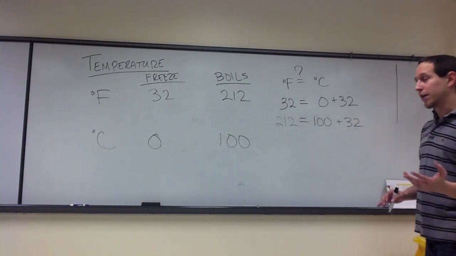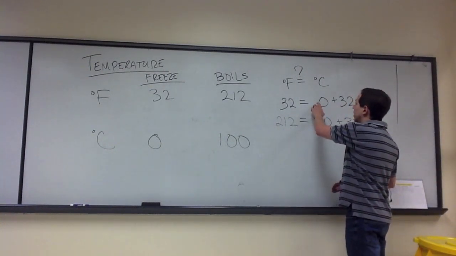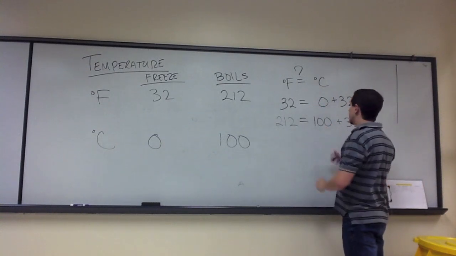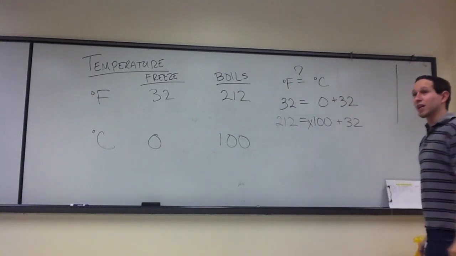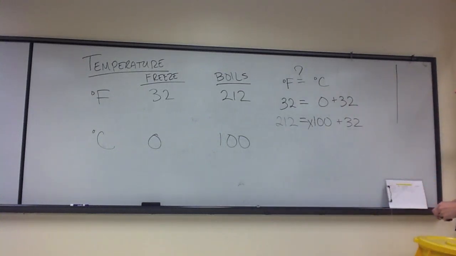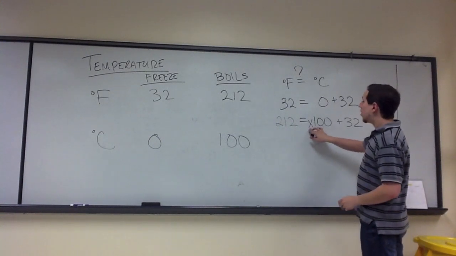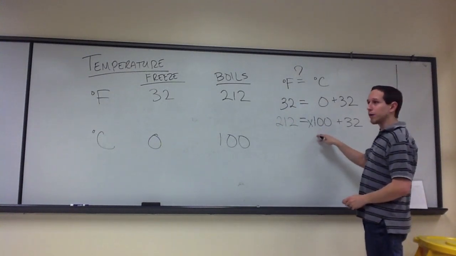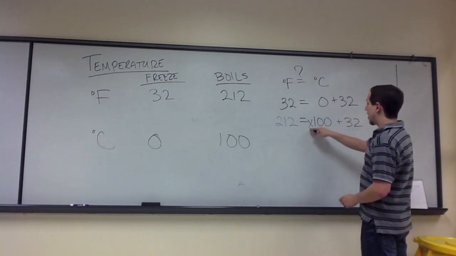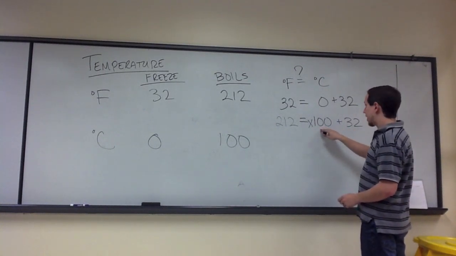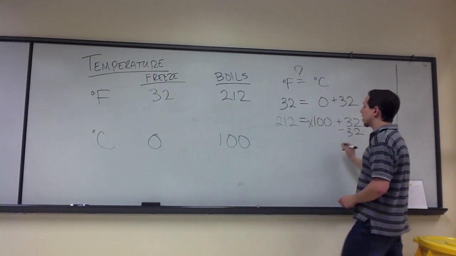So that particular factor, I'm going to represent as x. Okay? So that coefficient will be x. So now all I have to do is use some algebra and solve for x. So x is multiplied by 100 right now, so I can't get rid of that 100. So instead what I'll do is subtract 32 from both sides.